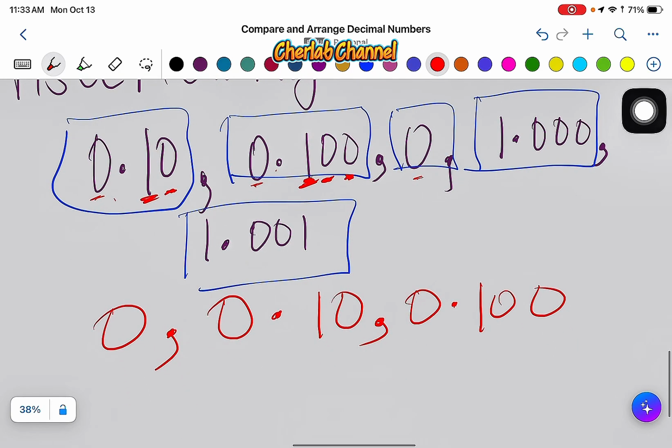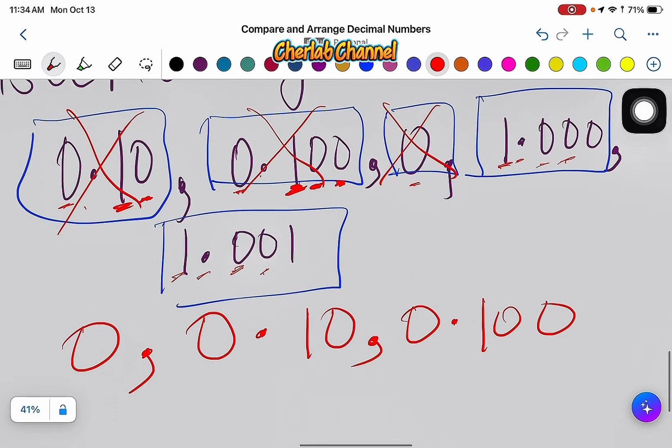Okay? Now, X na to, X na to, X na to. Ang natira na lang natin is si 1.000 and then 1.001. Isa-isain ulit. Parehong 1, parehong decimal point, parehong 0, parehong 0. And then, here comes sa pangatlong number, 0.